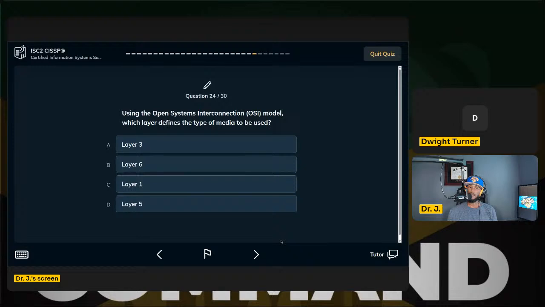Layer six is going to be presentation. And then layer five, what is that? Session. Yeah, layer five is session. Layer one is going to be physical.